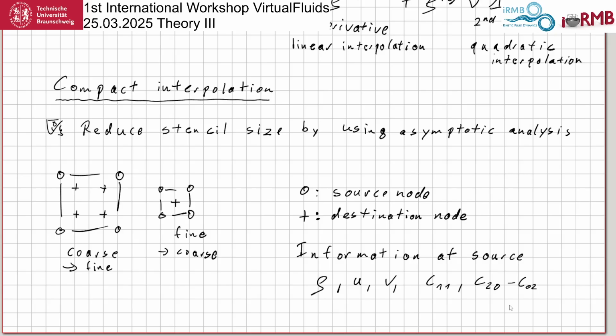So you're disappointed that it's not 6. You can, but then you get into trouble with the order of accuracy. We are only using 5 here. Okay, I need a new page.